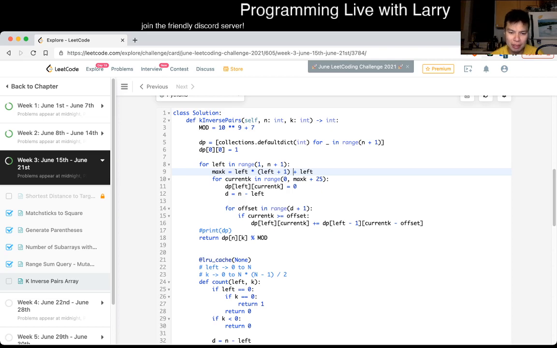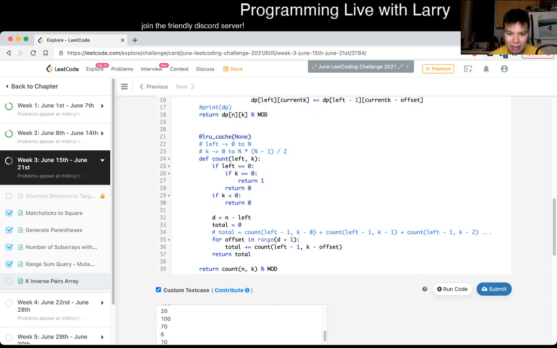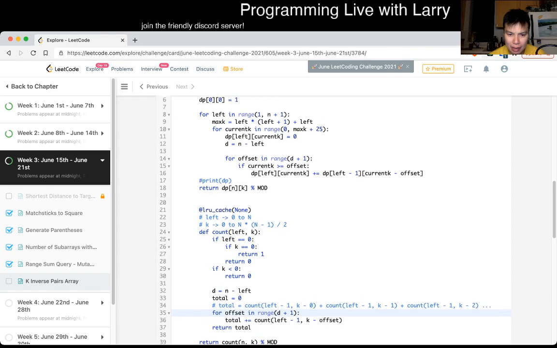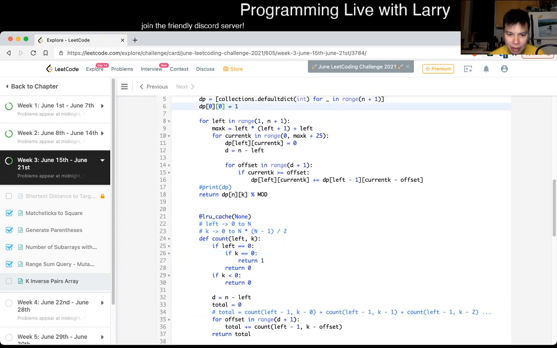This should be... I don't know. What am I missing, a base case? No, just left and k equal to 0, right? Which we have here. K less than 0 is here.